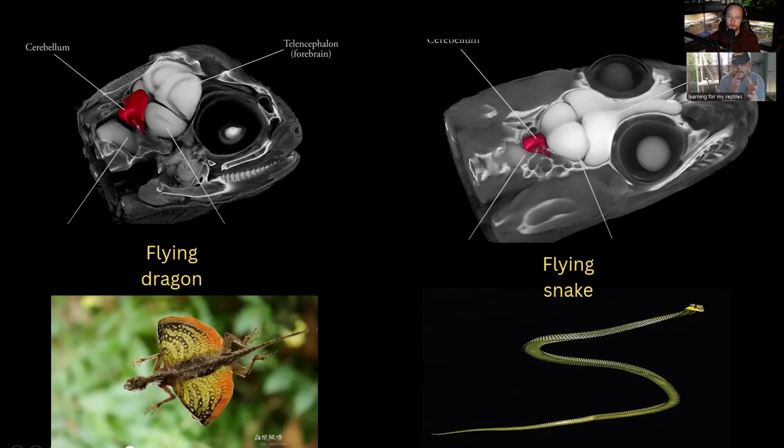So what's happening is that we know that the ball python buries itself compared to a rainbow boa. So it has more tactile sensation happening than a rainbow boa. And we have the flying dragon has stretched its actual rib cage, its rib meat. Whereas the flying snake is just loose skin. It does not stretch its skin.